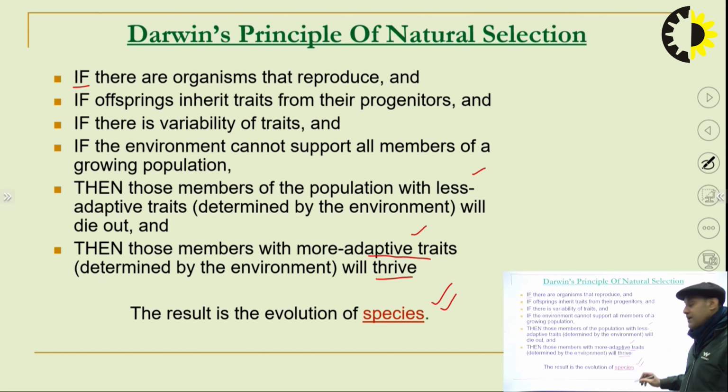New species will be generated, and they will survive according to the environment. Otherwise, the species which are not able to survive will die out. So this is the principle given by Darwin on the basis of natural selection.